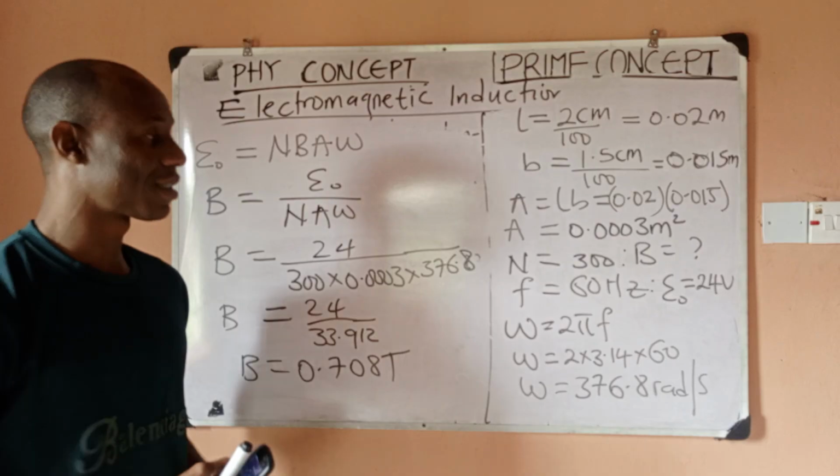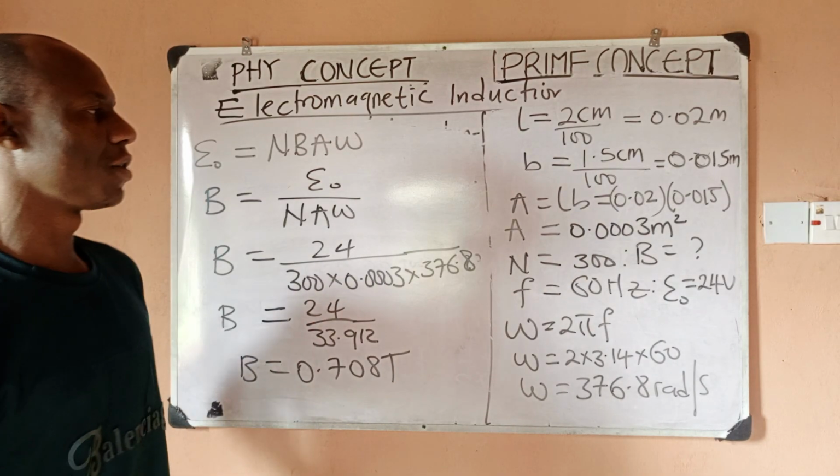This is the strength of the magnetic field, which is very simple.